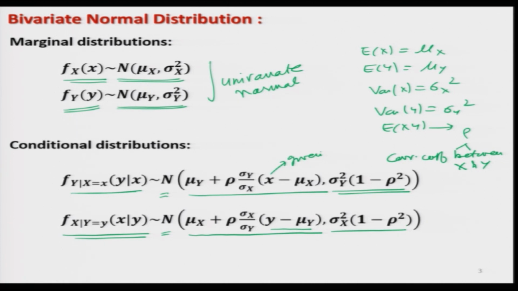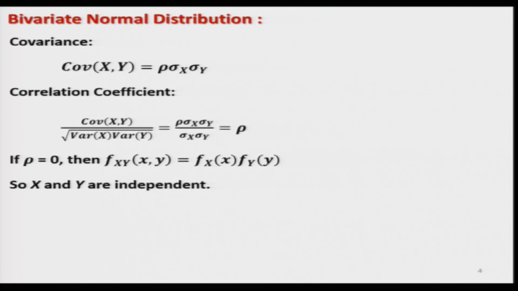And similarly, if you try to find out the covariance between x and y, that is the expected value of xy minus the expected value of x into the expected value of y, and simplify it, this will come out to be rho into sigma x sigma y, since sigma x and sigma y are the standard deviations of x and y.